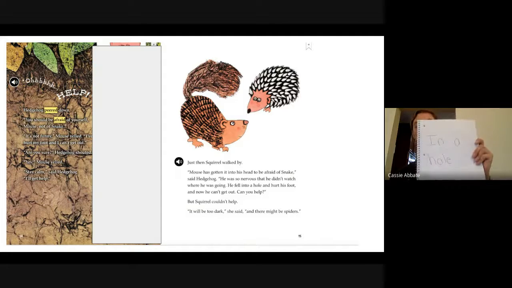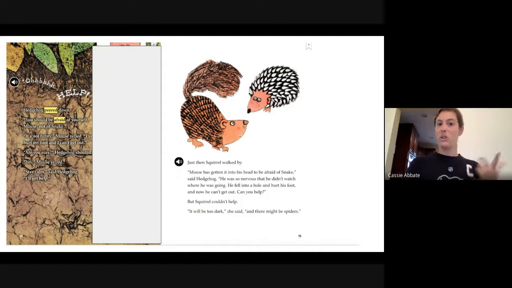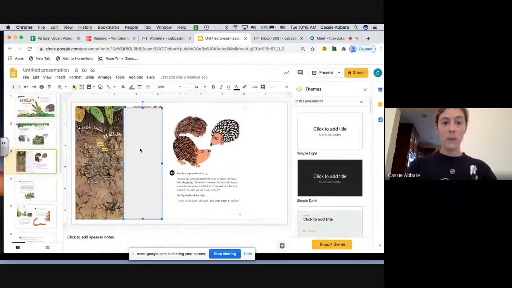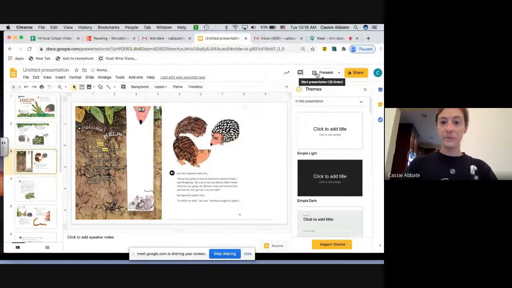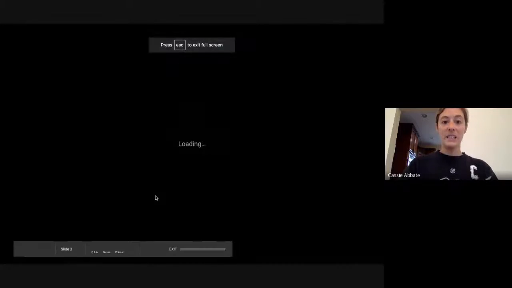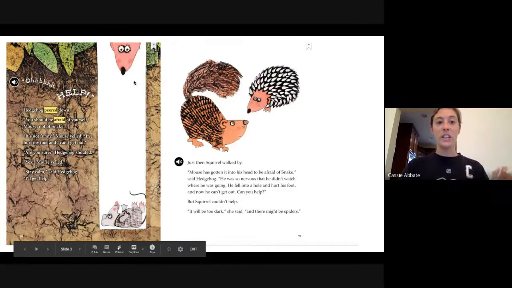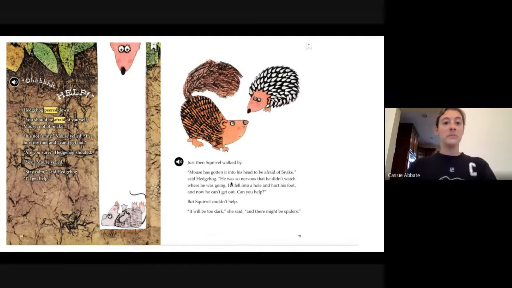In a hole. So let's see what the illustrations showed about where Mouse is. Yes, Mouse is down in this hole and you can see Hedgehog peering down at him. Good job. All right, let's keep reading.